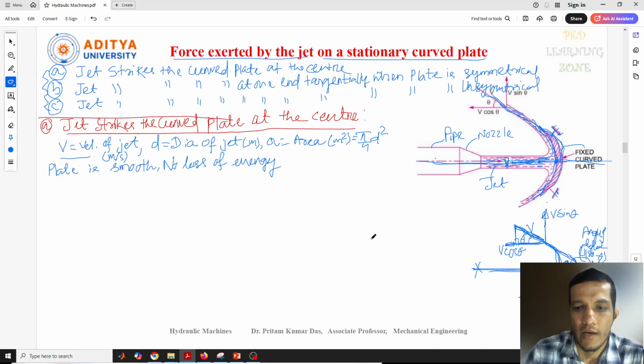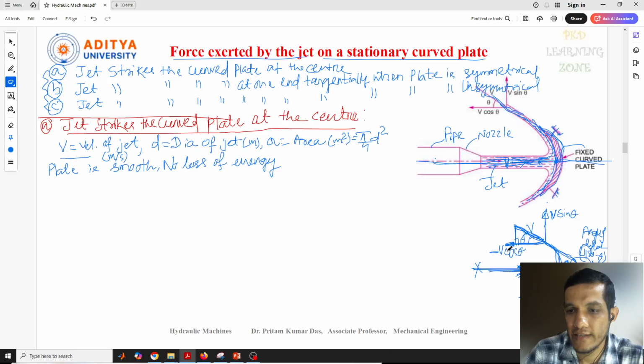Now the component of velocity in the direction of the jet, in this direction, the jet is moving in this direction. The component of velocity in the direction of the jet is V cos theta, but here the component we are getting is in the reverse direction, so we get minus V cos theta, and this is V sin theta.